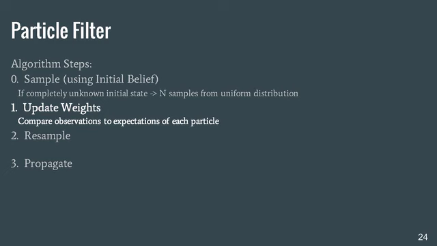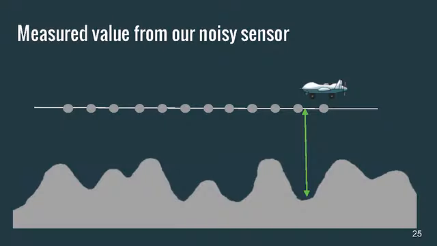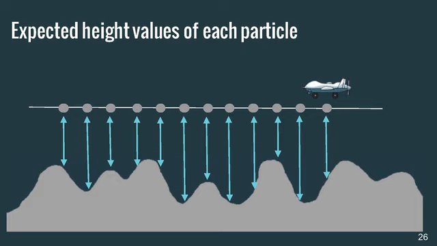So we get our first observation from our rangefinder, and it's this length. So it's a long length. It's, I guess, green in this case. This is our measured value. Here are all the values that we expect to see of these particles. So this is pretty easy to calculate based on the map that you have. The position of each particle maps directly to a range finder measurement.